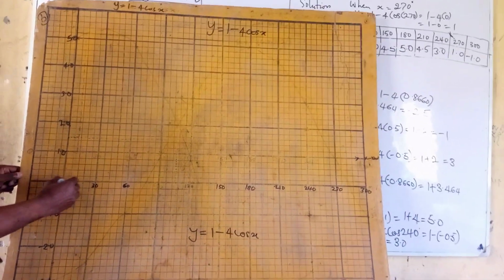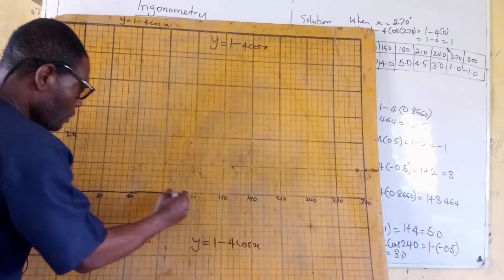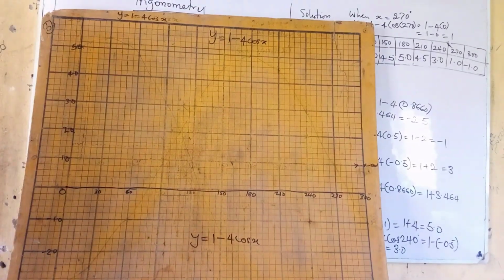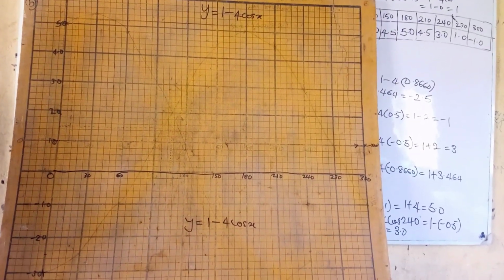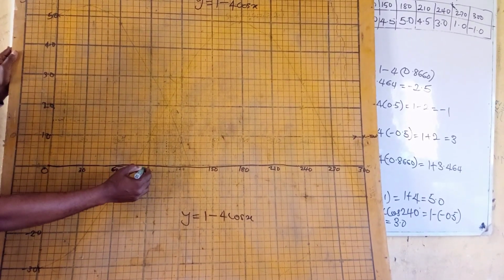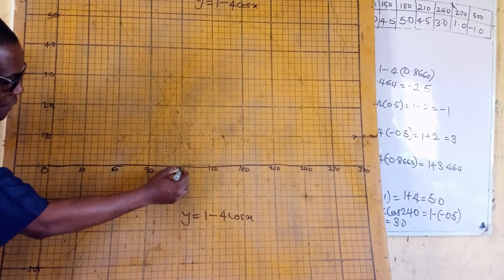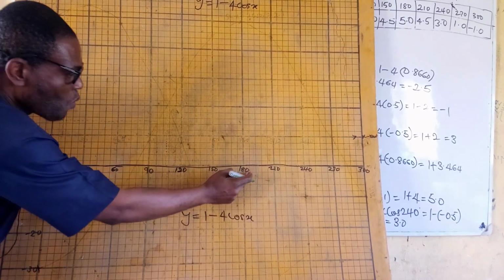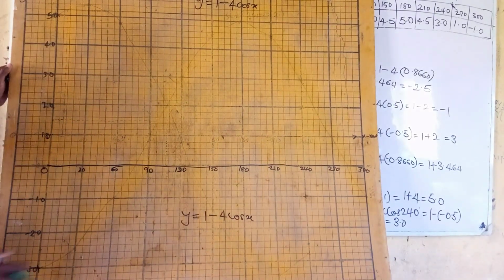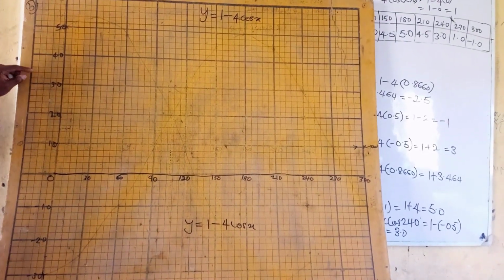Now, we need to use the values to draw it. So here is 60, 90, 120, 150, 180, 210, 240, 270, and 300.